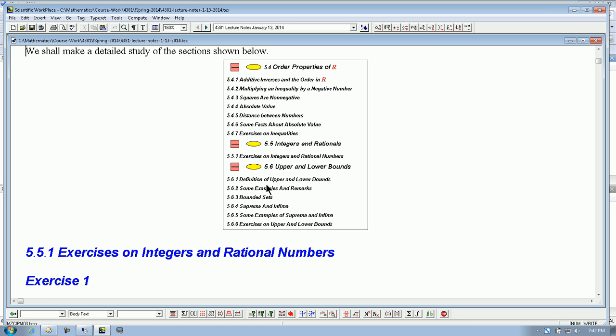I haven't spoken about all of this. I will speak about some of this more next time. But try to understand the definition of upper bound and lower bound. Will you look at it in the text? Okay? Do this reading before Wednesday.